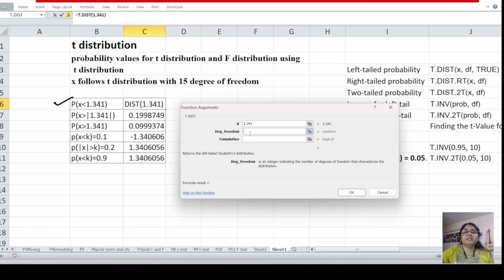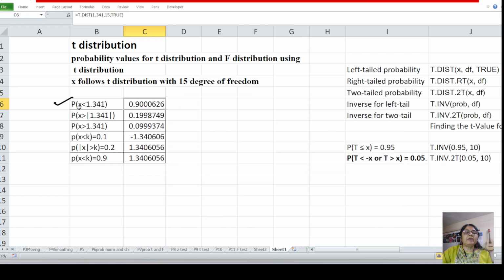So type here 15 degrees of freedom, and for cumulative, since this is a continuous distribution, we will write cumulative true, and then click OK. So this is the value of probability of X less than 1.341, right?